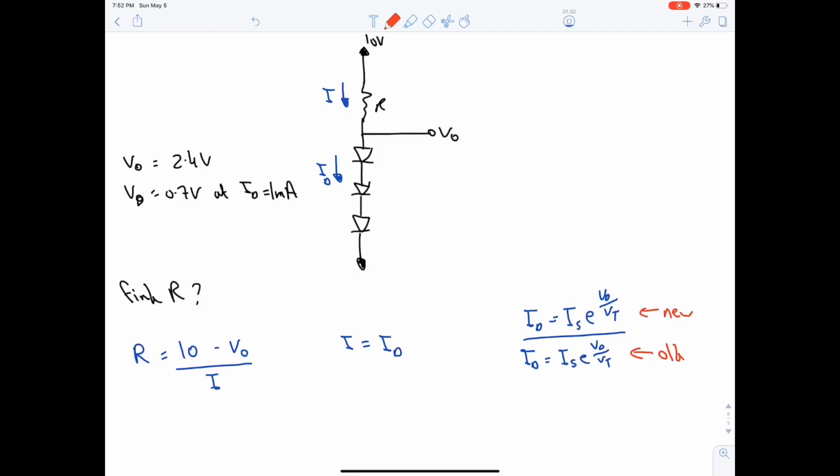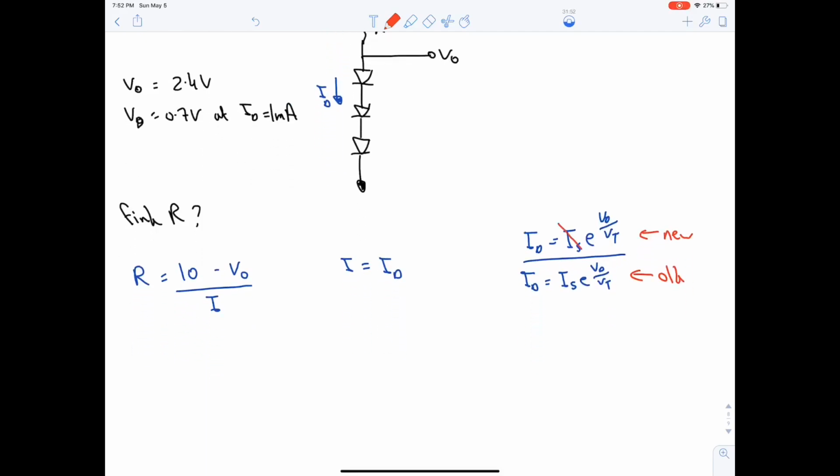Now IS and IS cancel each other out. We're trying to find the current right now, so we are trying to find ID new equal to ID old exponential VD new minus VD old divided by VT.